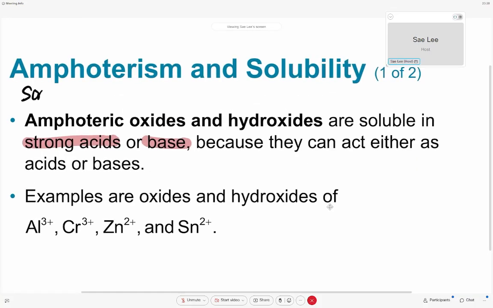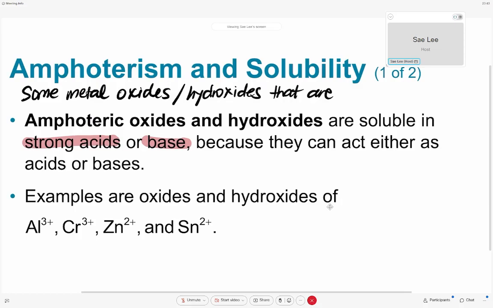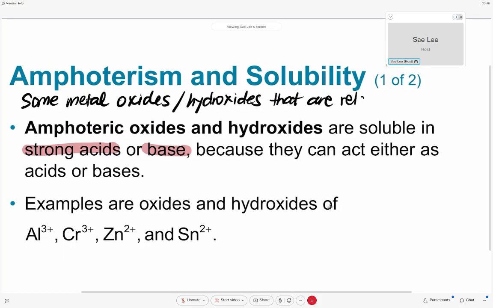So metal oxides or hydroxides that are relatively insoluble in water are soluble in strong acids and strong bases.